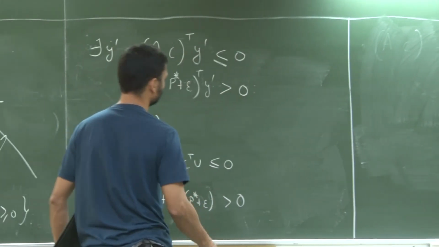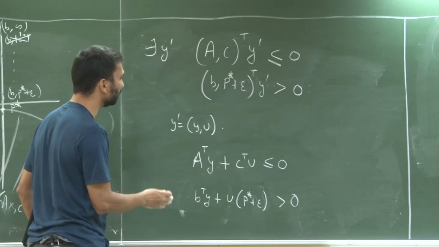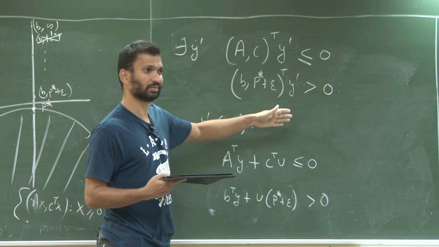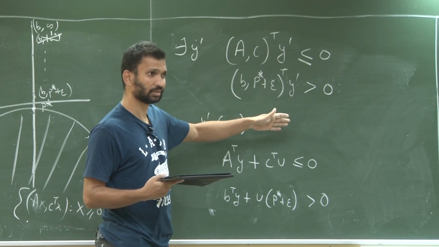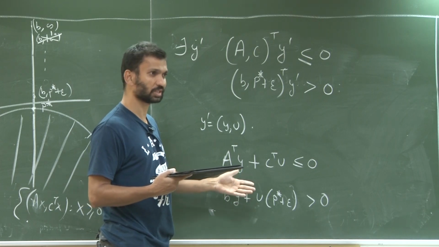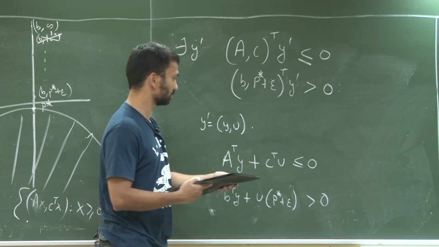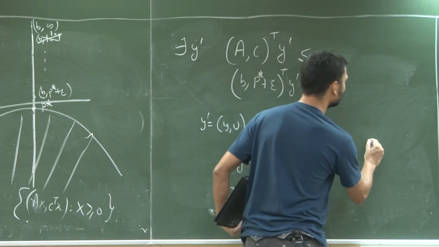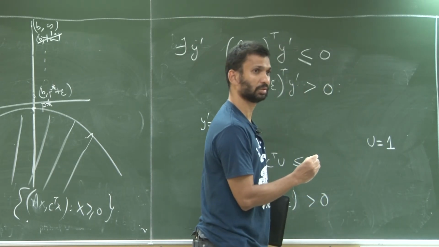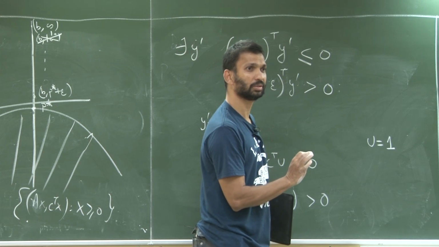And now, obviously, just to make things simple, even if I multiply y by any scalar, these inequalities will remain true for a positive scalar, right? So that means I can assume that my u is equal to, is that okay?